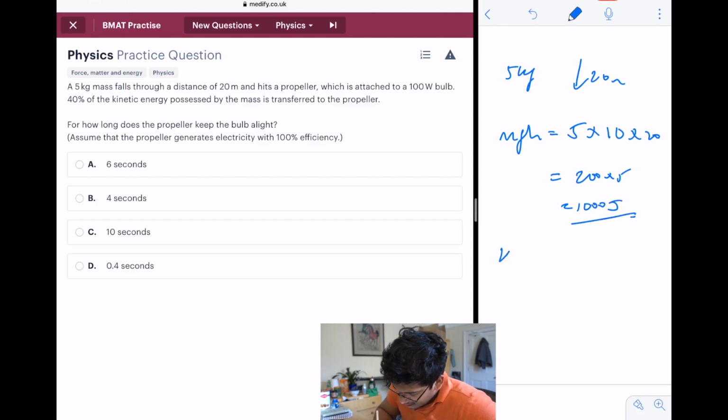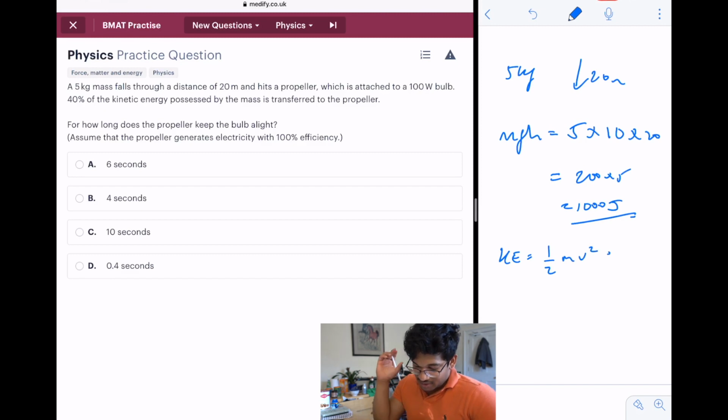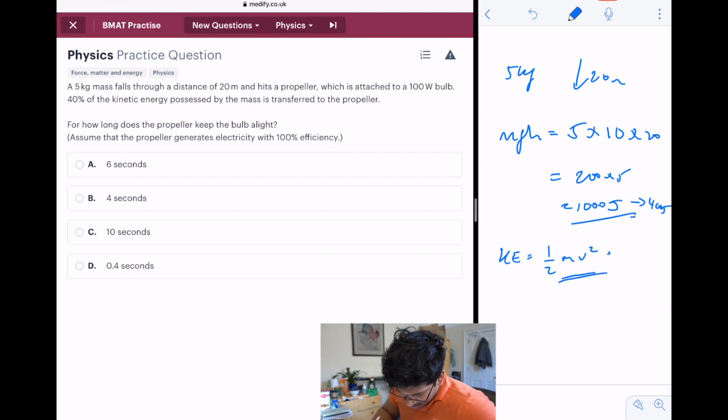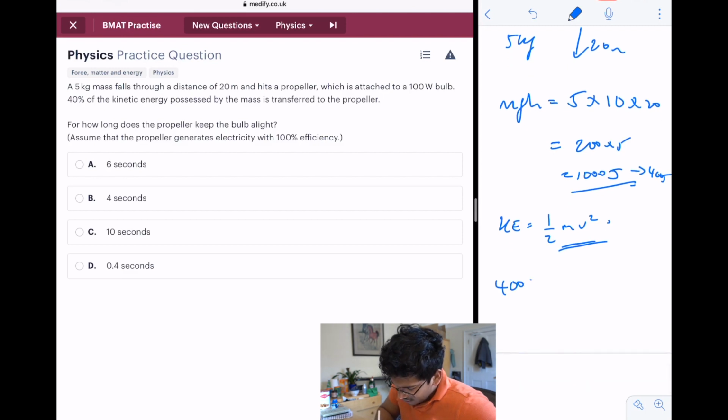Now, KE is equal to half mv squared. We're going to assume that at the end of 20 meters, all of this 1,000 joules has been converted into kinetic energy. So 40% of that is 400 joules. Actually, I didn't need to put it into the KE formula. 400 joules is all I need.